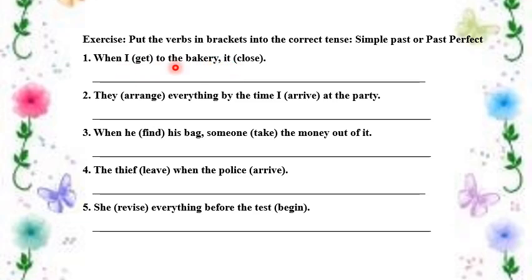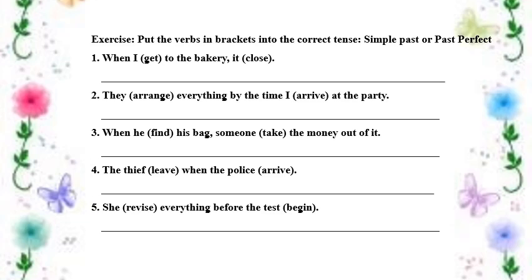Here are some sentences. When I get to bakery, it closes. They arrange everything by the time I arrive at the party. When he find his bag, someone take the money out of it. The thief leave when the police arrive. She revises everything before the test begin.